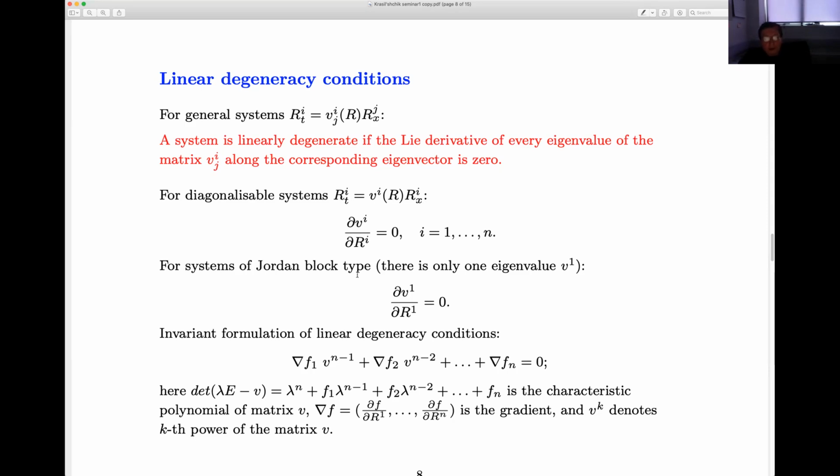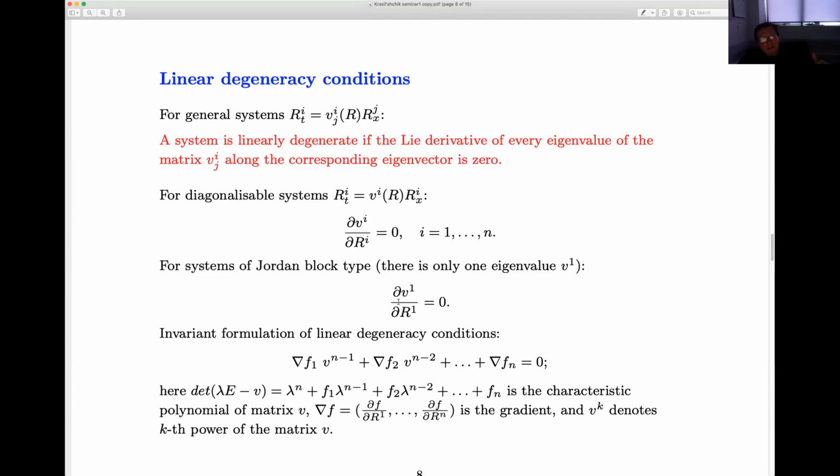Now, for Jordan block systems, we have only one eigenvalue, namely V1, and we have only one single eigenvector. It corresponds to d by dr1. So linear degeneracy conditions reduce to just this single equation. So this is linear degeneracy for Toeplitz type systems, right?